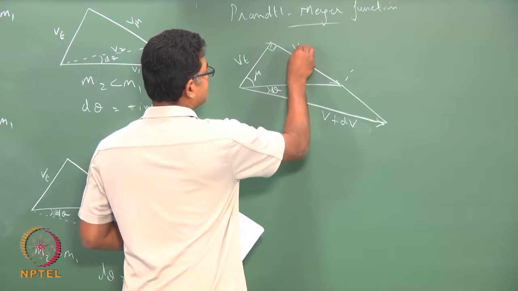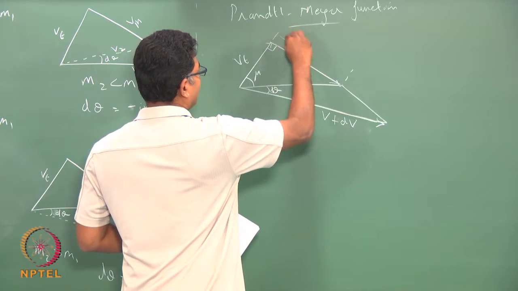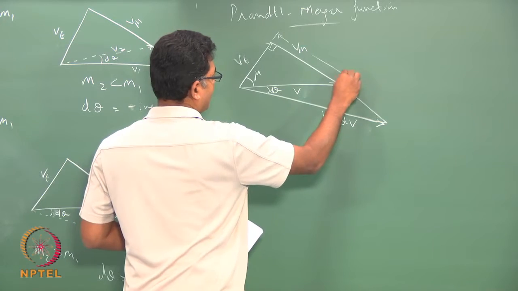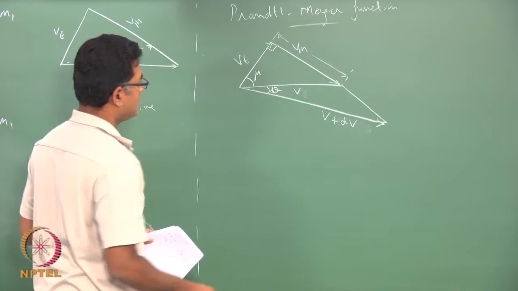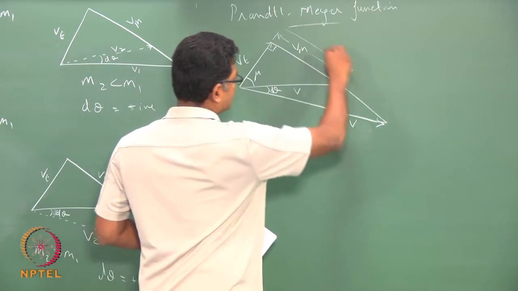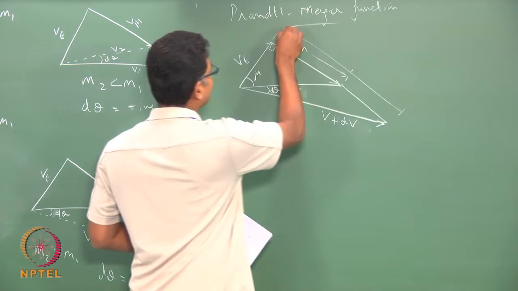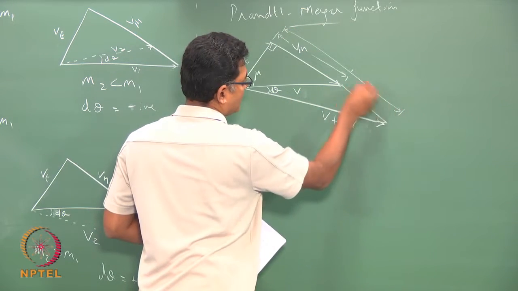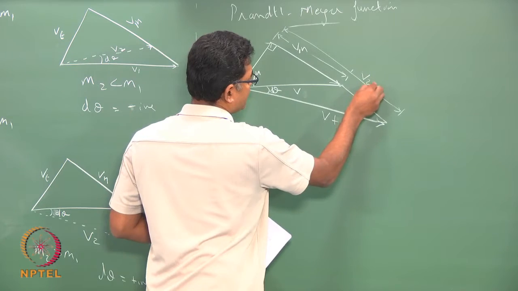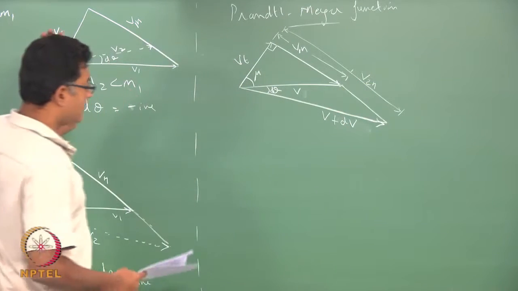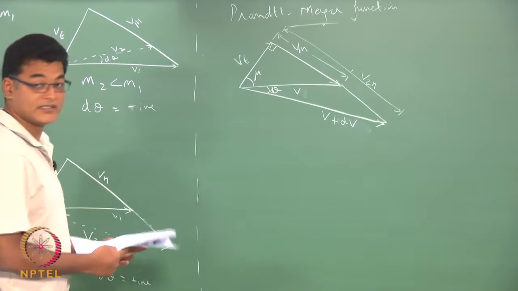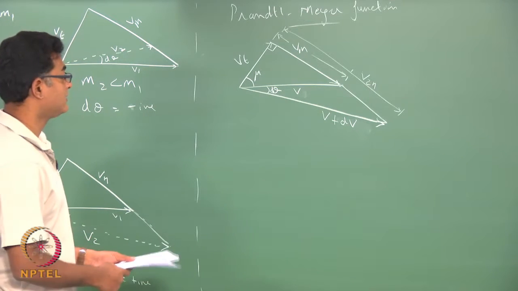So, this is V1 normal and this whole length is V2 normal. V tangential is the same as we had seen in the oblique shock, okay.